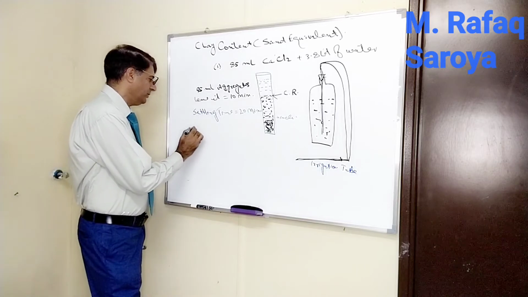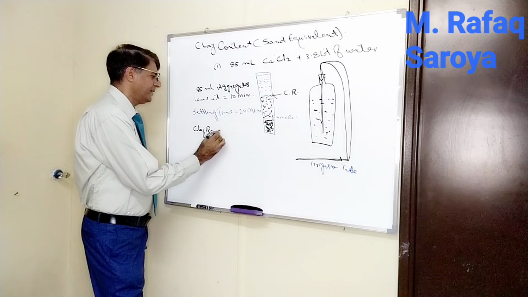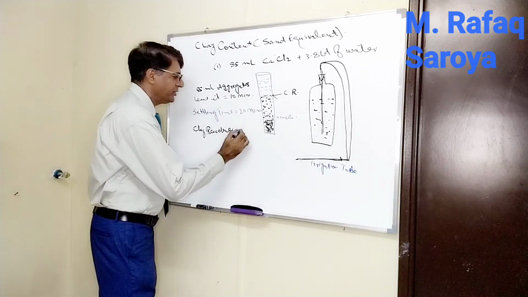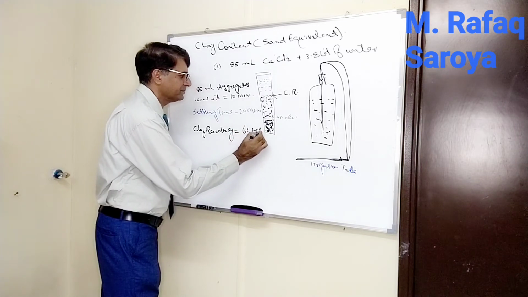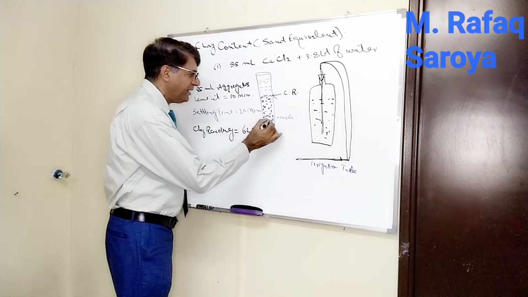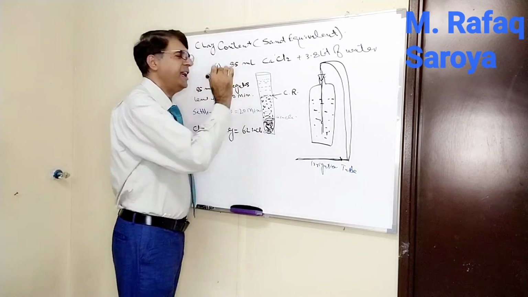We will note down the clay reading. Suppose I have read this value as 6.2 inch. Then our sand is at the bottom, where it is not clearly seen.